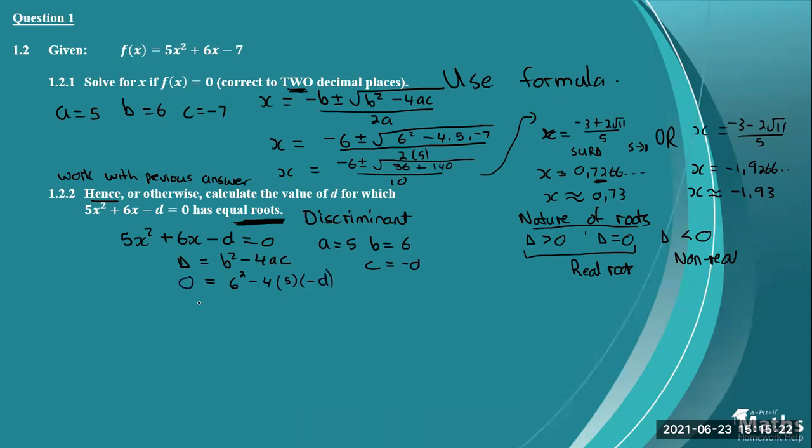And we are going to set this equal to 0. This then will be 36, negative negatives are positive, 20d. So negative 36 will be equal to 20d. Then you divide both sides by 20, so d will be equal to negative 9/5.